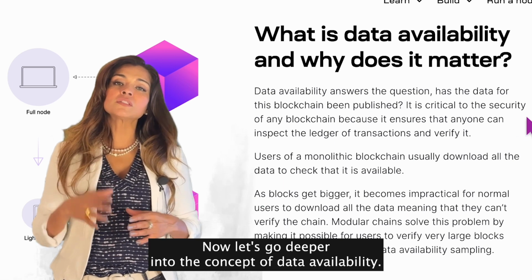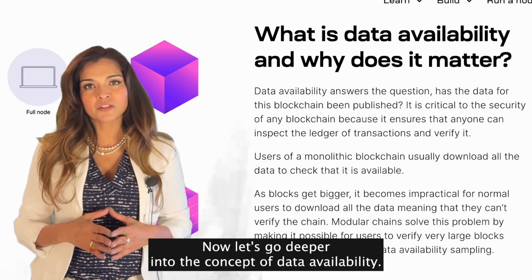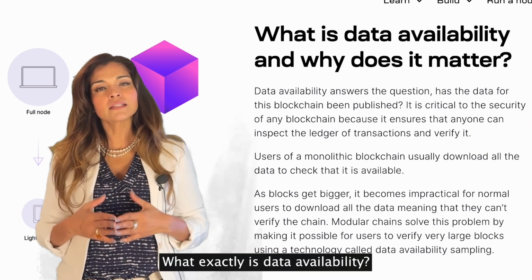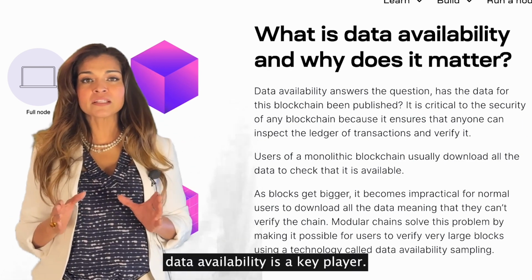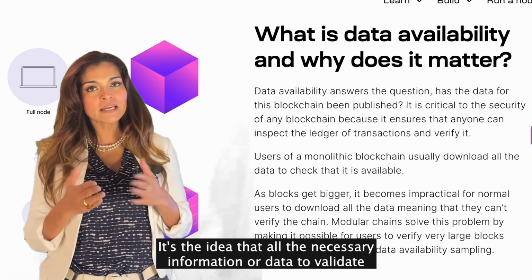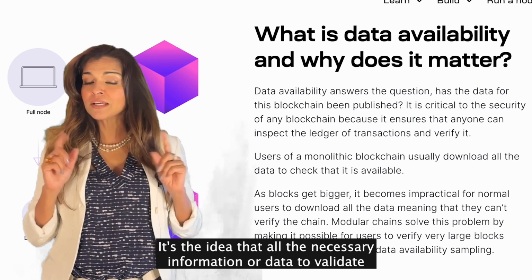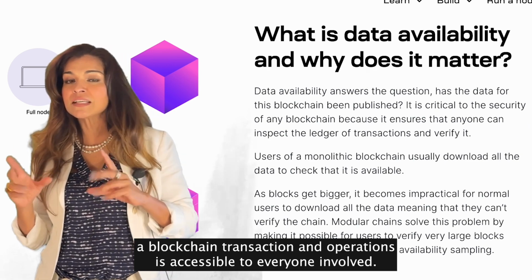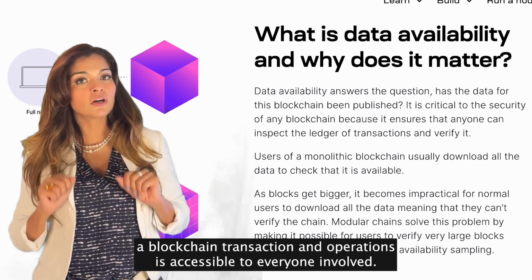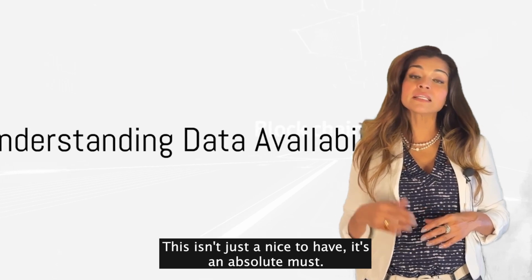Now, let's go deeper into the concept of data availability. What exactly is data availability? Well, in the realm of blockchain technology, data availability is a key player. It's the idea that all the necessary information or data to validate a blockchain transaction and operations is accessible to everyone involved. This isn't just a nice to have, it's an absolute must.